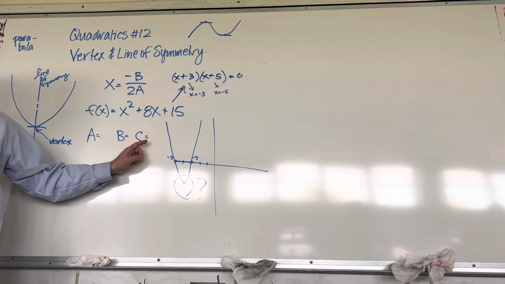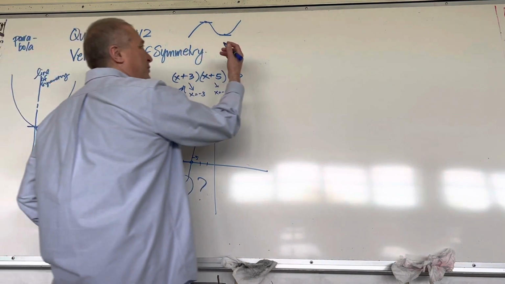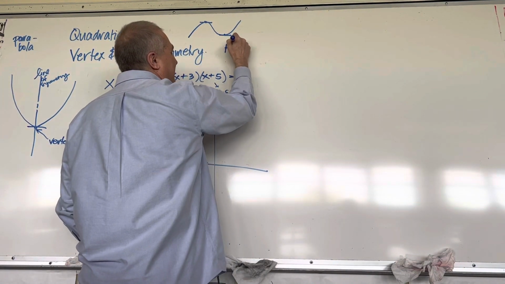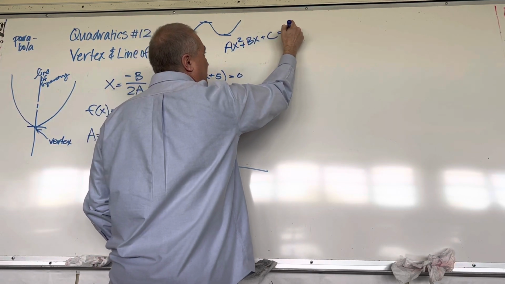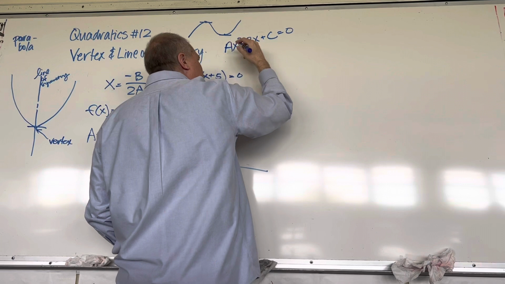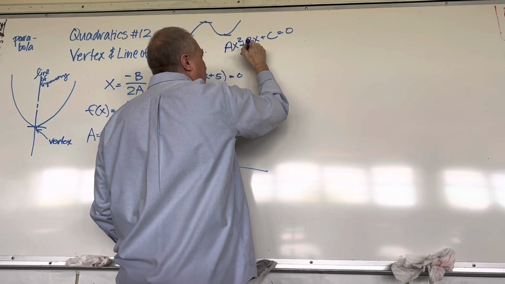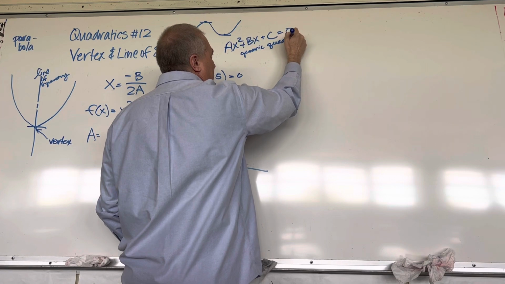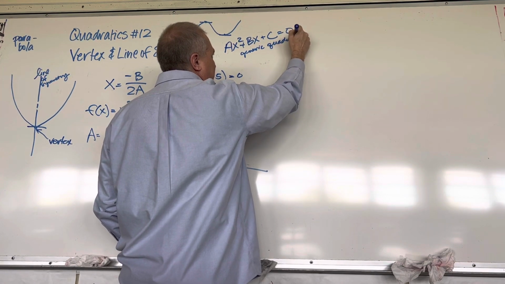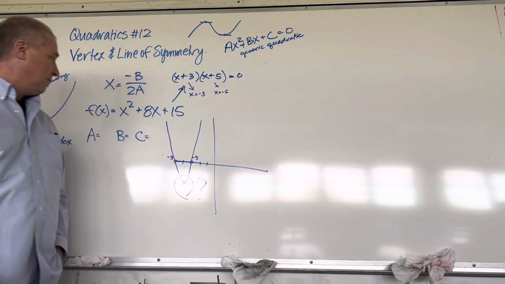Okay, here's the help. ax squared plus bx plus c equals 0. This is your generic quadratic. All right.